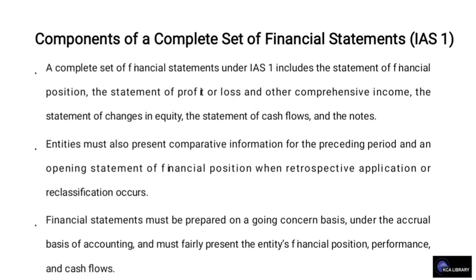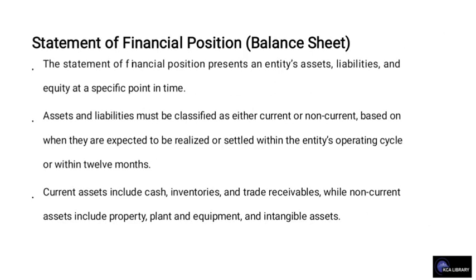Entities must also present comparative information for the preceding period and an opening statement of financial position when retrospective application or reclassification occurs. The financial statements must be prepared on a going concern basis under the accrual basis of accounting and must fairly represent the entity's financial position, performance, and cash flows.